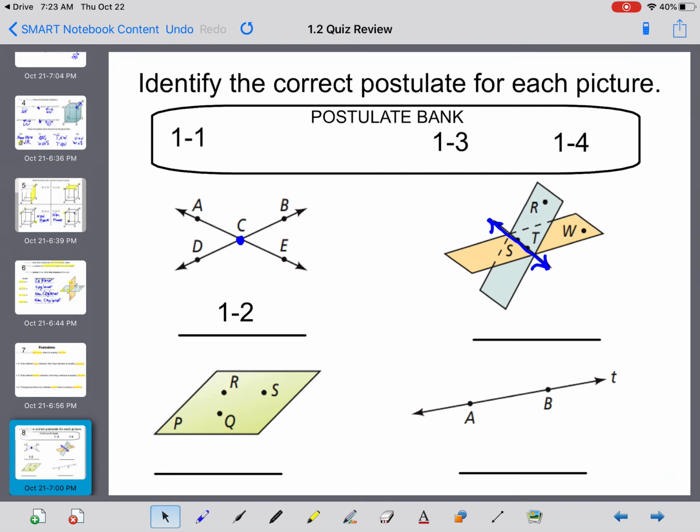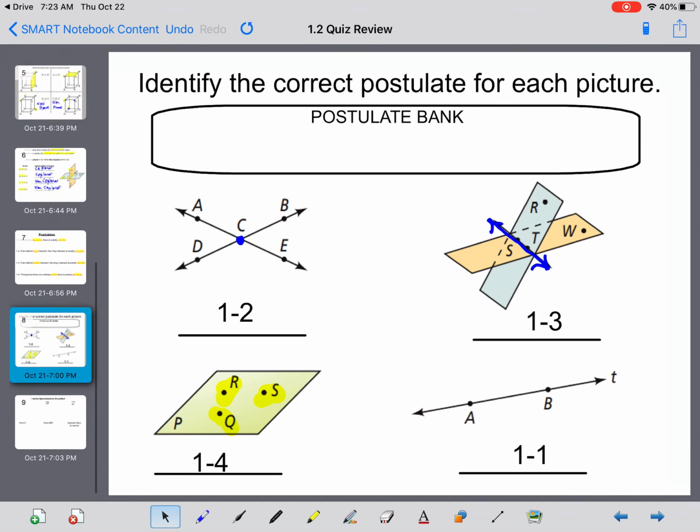That's 1-3. Here you have 3 non-collinear points creating a plane. 1-4. And the first one is any 2 points create one line, that is 1-1.